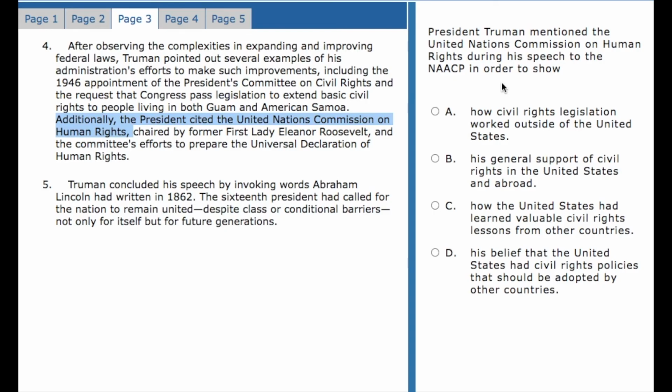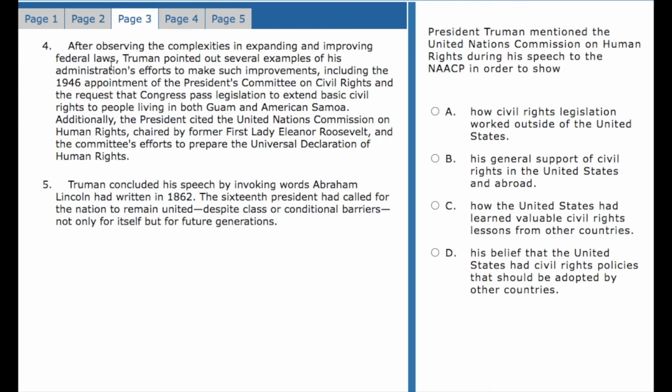A says, how civil rights legislation worked outside of the United States. Now, has this passage really talked about what's happening outside of the United States? Not really. Again, we're pausing and thinking, how can I put what's happening in my own words? Well, paragraph number 4 is saying that they want to pass legislation to extend basic civil rights to people in Guam and American Samoa.